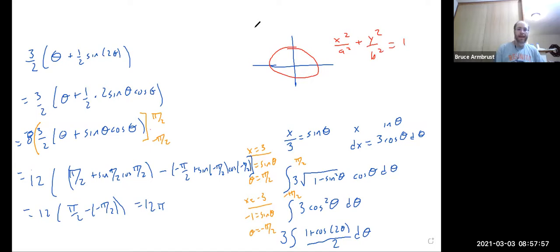Just to remind you, a is the distance from the center out right or left, and b is your distance from the center up or down. Turns out that the area is always a times b times pi.